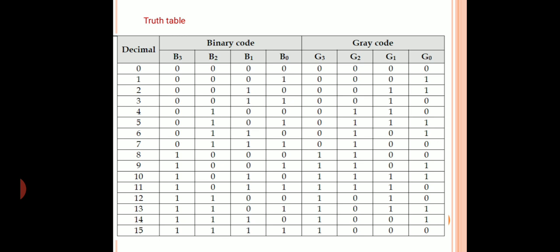Now observe, in this diagram there are 4 outputs, G3, G2, G1 and G0. So we have to obtain the Boolean expression for all these outputs. In order to obtain the Boolean expressions, we will solve the K-map. There are 4 outputs, that's why we have to solve 4 K-maps.